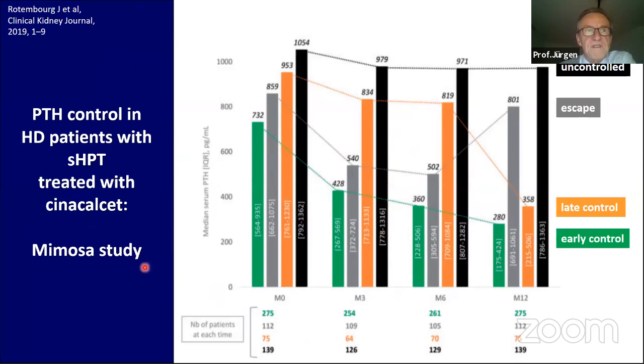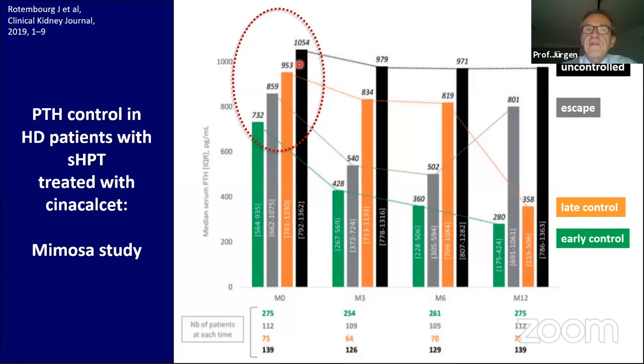This is the MIMOSA study published last year. And what they have asked here is, if my PTH is at various levels, 700, 850, 950, or above 1,000, how in the next year with cinacalcet therapy would my PTH do?